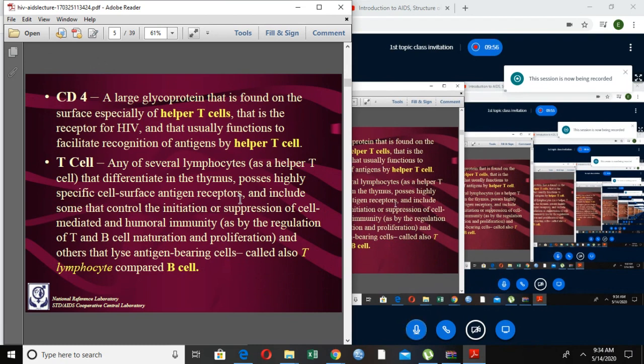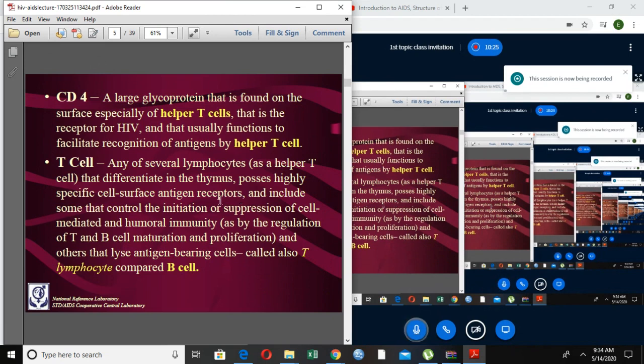So these receptors are the ones that normally recognize this antigen or other bacteria or other microorganisms causing diseases and signal other cells. So the work of this T cell is to signal other cells. Remember that. These T cells contain receptors, and these receptors house the CD4. What is the work of CD4? It will help a T cell to recognize the antigen.